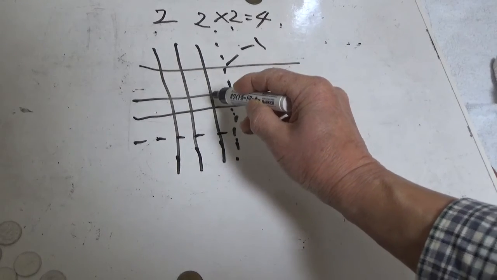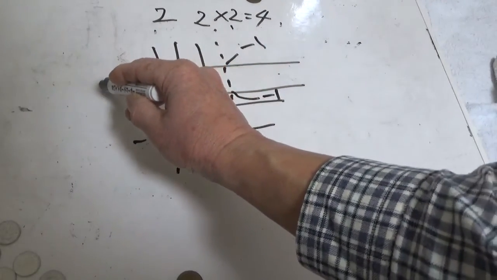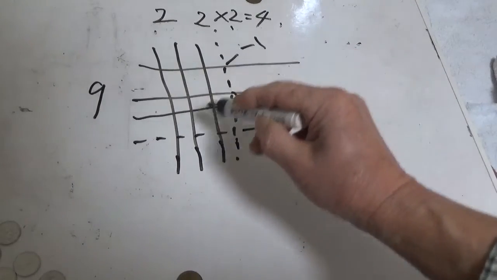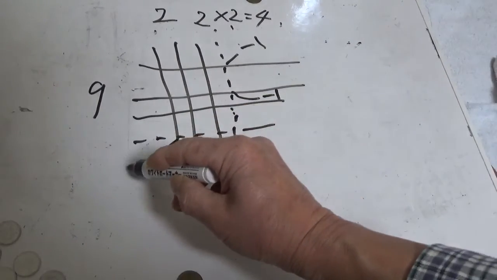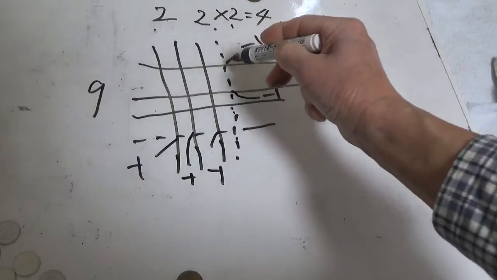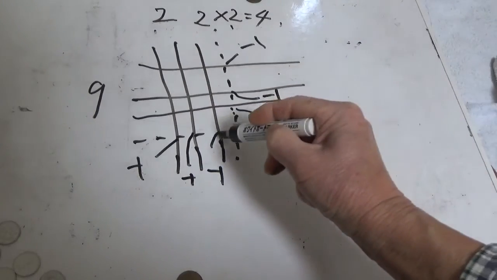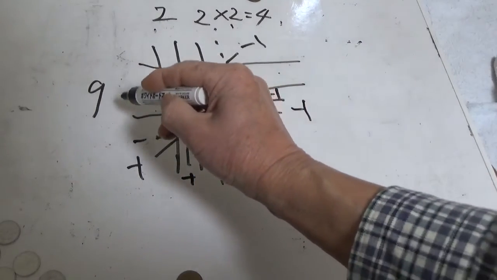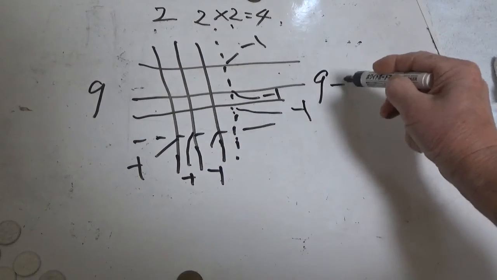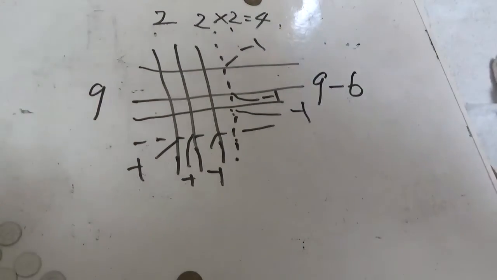You have 1, 2, 3, 4, 5, 6, 7, 8, 9. 9 a positive value, and 1, 2, 3, 4, 5, 6. 9 minus 6. 9 plus minus 6.